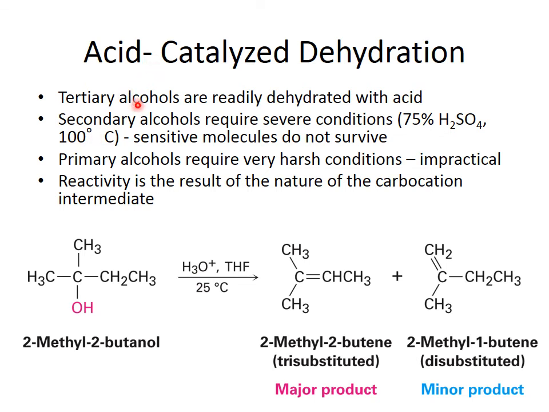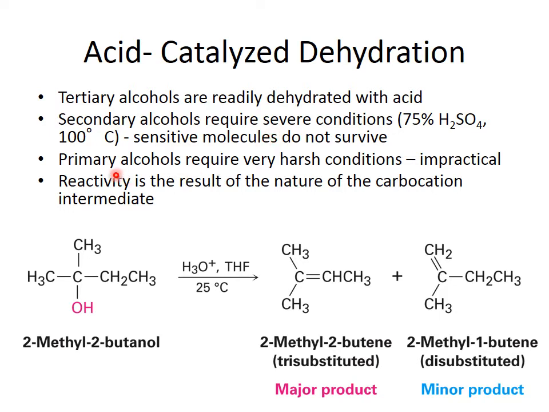Tertiary alcohols are readily dehydrated with acid, and that's because they undergo the E1 reaction easily, because it forms a tertiary carbocation. If you're trying to do this to a secondary alcohol, you have a lot of problems because it's going to require a lot of heat, and many times other functional groups will react, or sometimes the molecule falls apart.